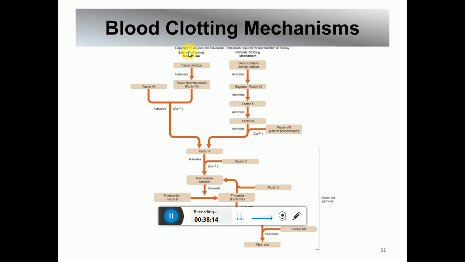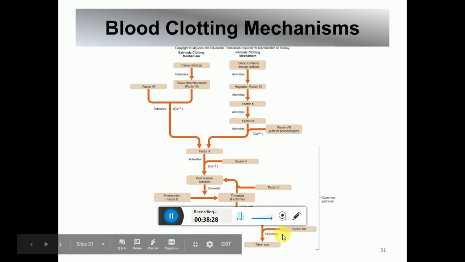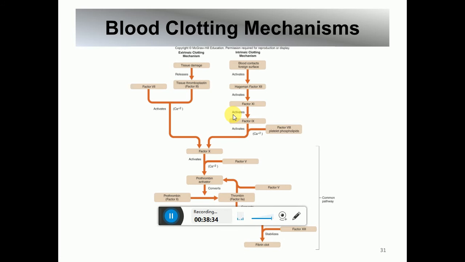On your left-hand side, you'll find the extrinsic pathway, and the one on your right-hand side of the image is your intrinsic pathway. They both lead to what is known as your common pathway. You don't have to know all of these steps, but you have to be familiar with the parts that we're going to be discussing.